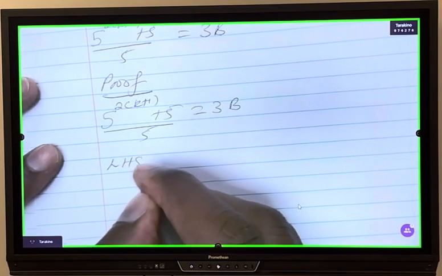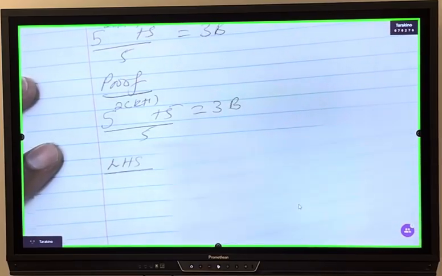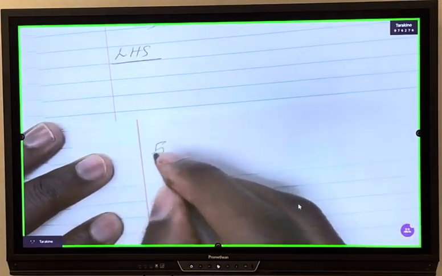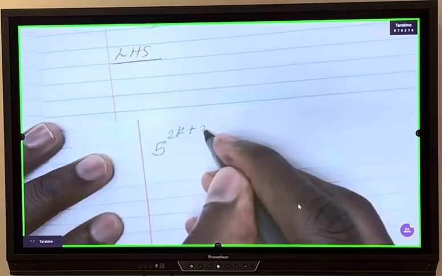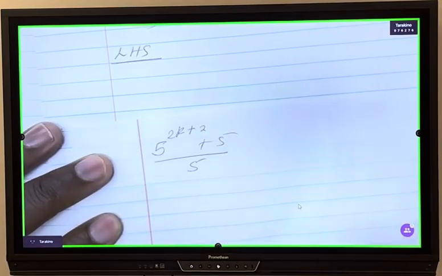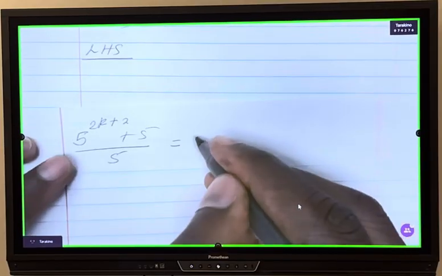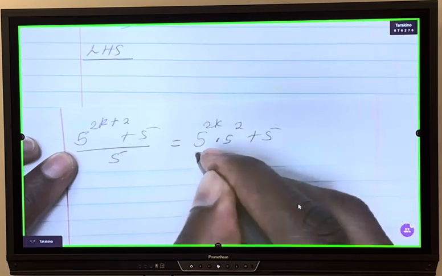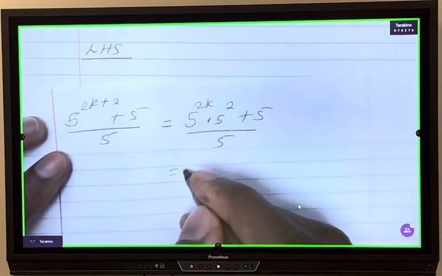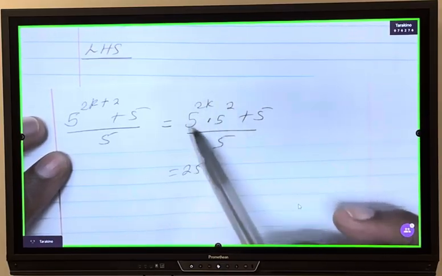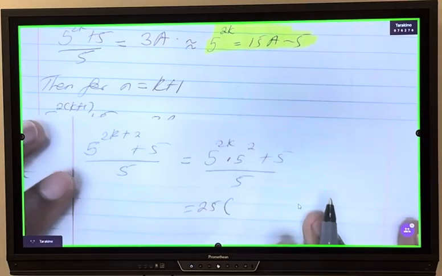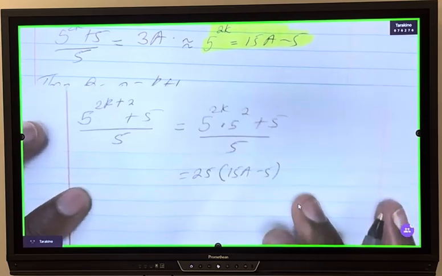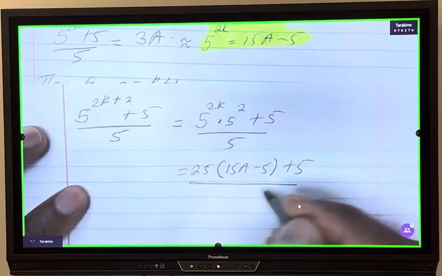On the left-hand side, we are going to have (5 to the 2k plus 2 plus 5) all over 5, which is equal to, from the rules of indices, (5 to the 2k times 5 to the 2 plus 5) over 5, which is just 25 times, open parenthesis, 5 to the 2k, remember 5 to the 2k was 15a minus 5, then plus 5, all over 5.